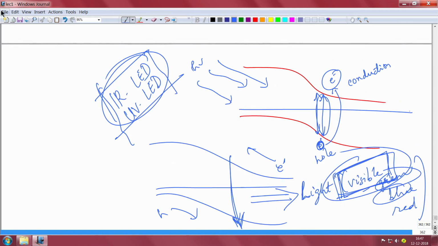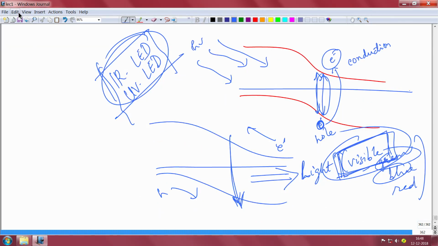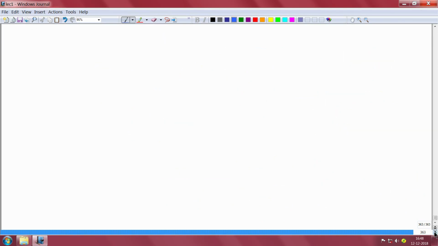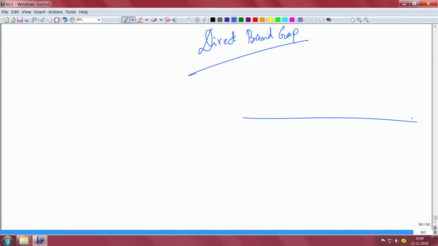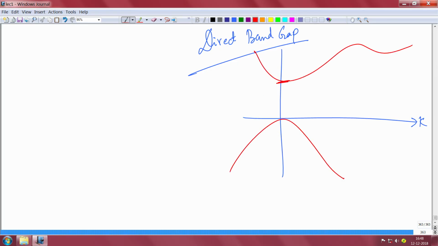But now you know that whatever be the case, an LED can be made only from a direct bandgap material. That you know now, right. So what it means is that in an E-K diagram, if you have your valence band like that, your conduction band minima also should be at the same K, so that electron and hole can recombine without any change in momentum.